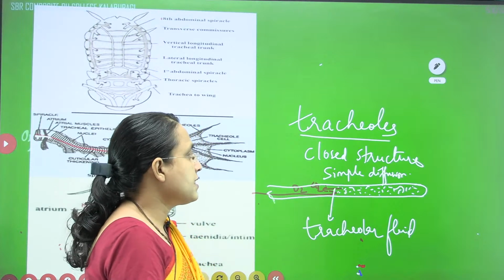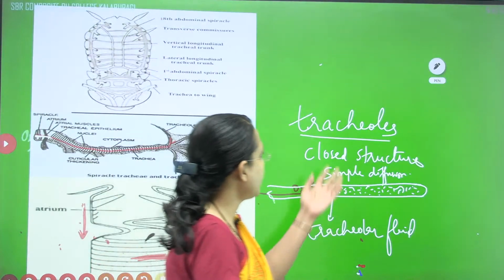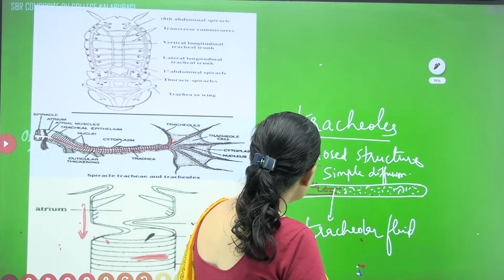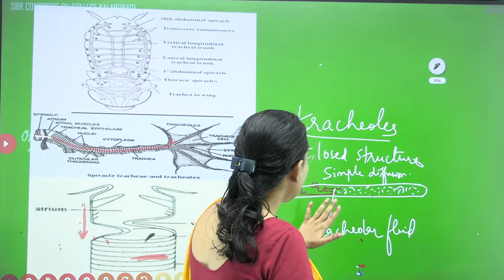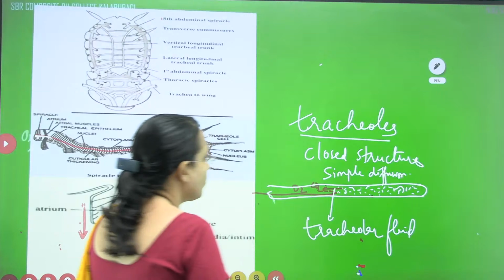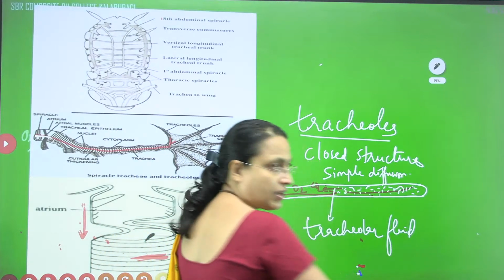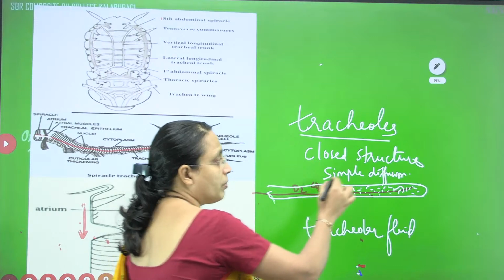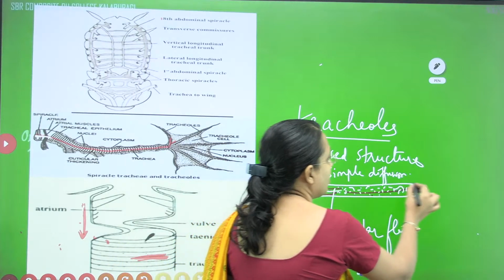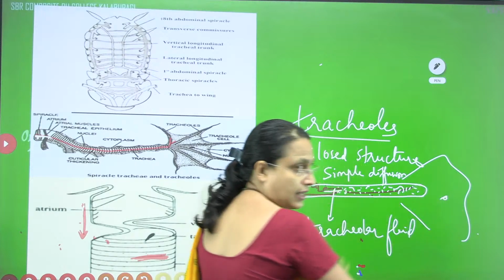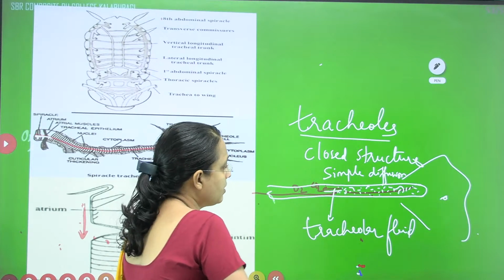When a cockroach is resting, the tracheoles will be filled with tracheolar fluid. But when the cockroach is active, the fluid in the tracheoles will disappear. And now there will be direct exchange of oxygen with that of the cell here. Direct exchange. Understand?